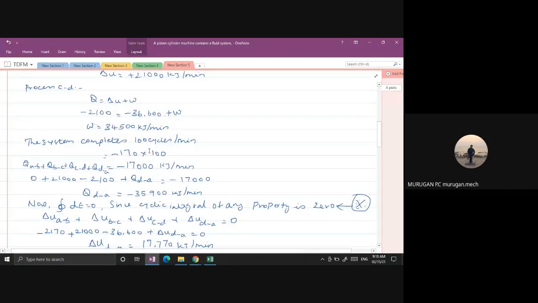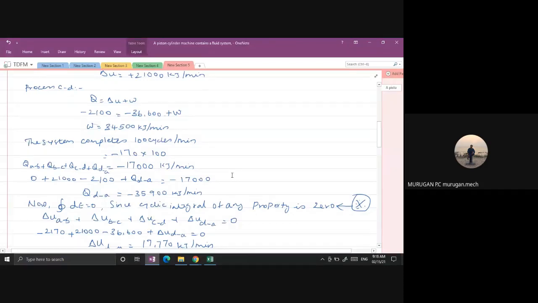So the sum over cycles is minus 170 into 100. We will be getting the summation of Q A to B, Q B to C, Q C to D plus Q D to A equal to minus 17,000 kilojoule per minute. Okay, understood? Yes, sir.